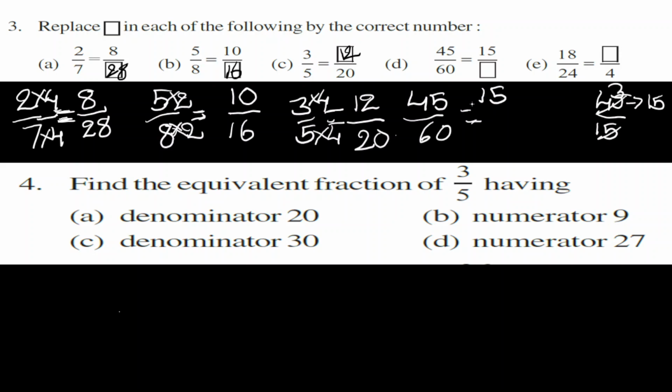So we need to divide this 45 by 3. So 45 by 3 is nothing but 15. To obtain the equivalent fraction, both the numerator and denominator should be divided by the same number. So 60 divided by 3, the fraction now becomes 15 by 20. So here we need to write 20.